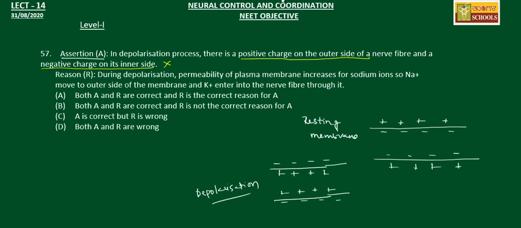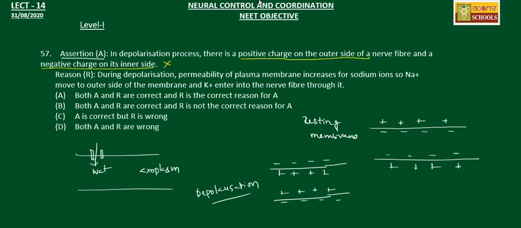Then during depolarization, the permeability of the plasma membrane increases for sodium ions. So sodium ions, okay, this is correct. Permeability to sodium ions increases, and the sodium ions move to the outside of the membrane, and potassium ions enter into the nerve fiber, no. Here we see in this case the sodium ions will move into the axoplasm, right?